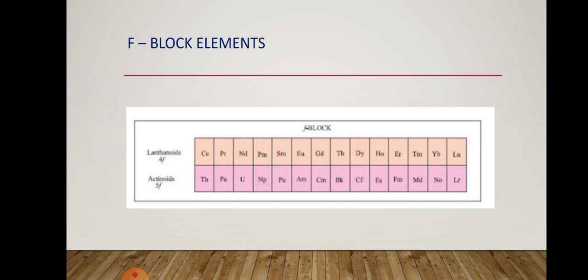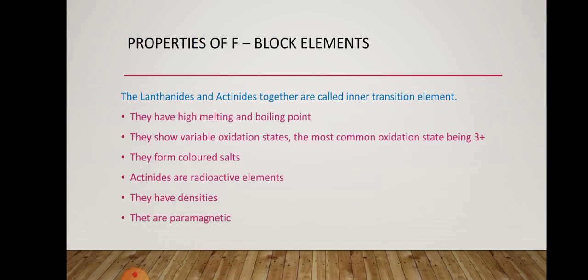Some common properties of f block elements are: they have high melting and boiling points. They show variable oxidation states, the most common oxidation state being 3 plus. They form colored salts because these salts absorb light of certain wavelengths to form visible light.